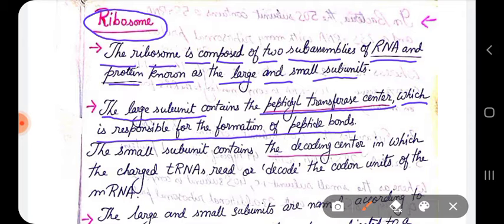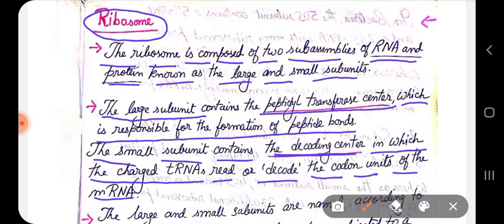On that peptidyl transferase center, peptide bonds are formed between the amino acids which have been carried by the charged tRNA within the ribosome. The small ribosomal subunit has a decoding center in which the charged tRNA will read, or you can say decode, the codon units of the mRNA.